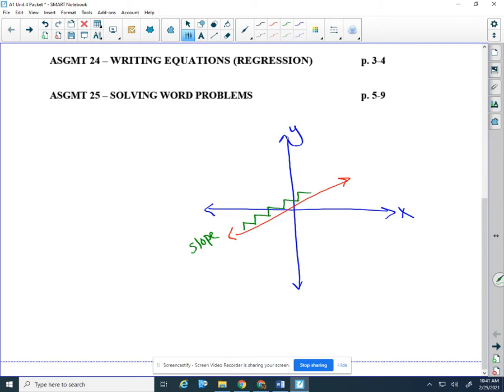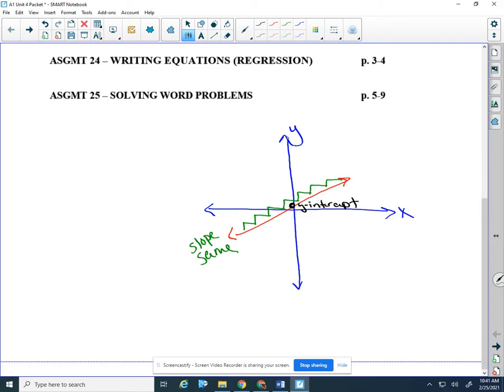It has the same slope on the entire graph. It never changes. Another thing that we need for when we're graphing lines is the y-intercept. That's very important on the next page when we start making equations.